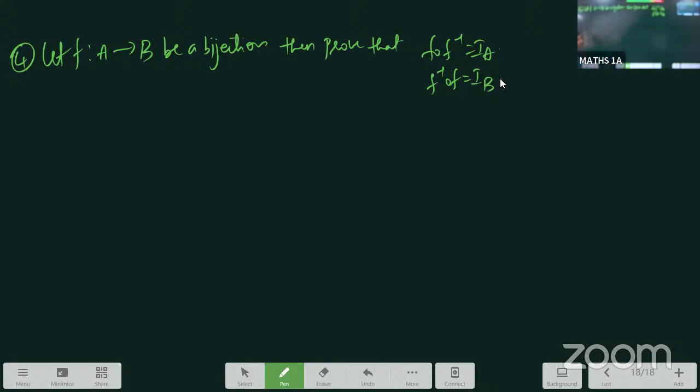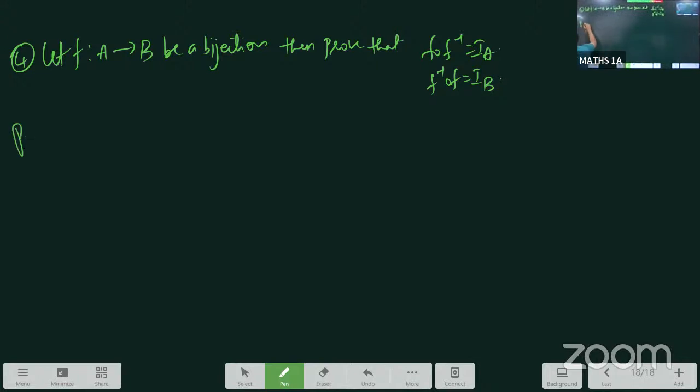Then F circle F inverse is IA, and F inverse circle F is IB.